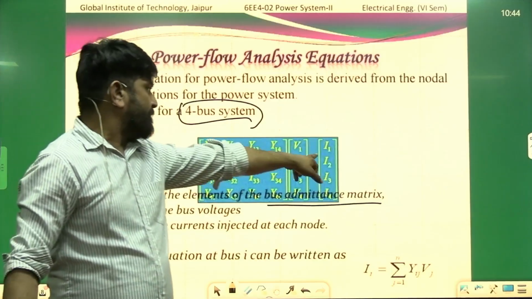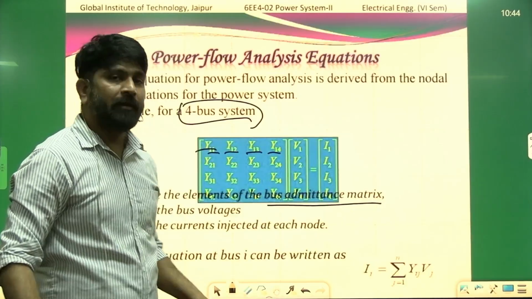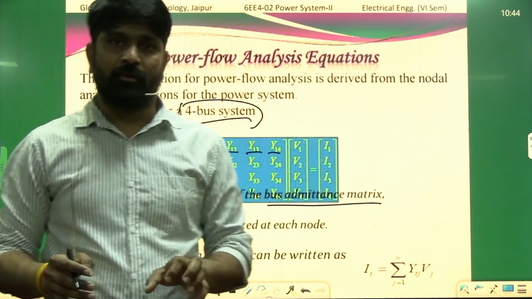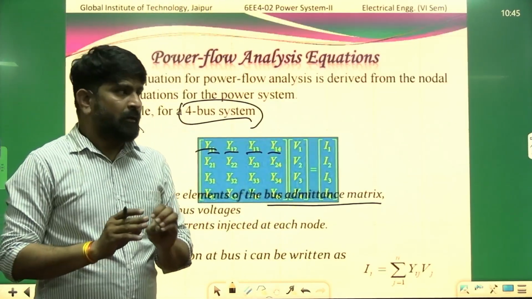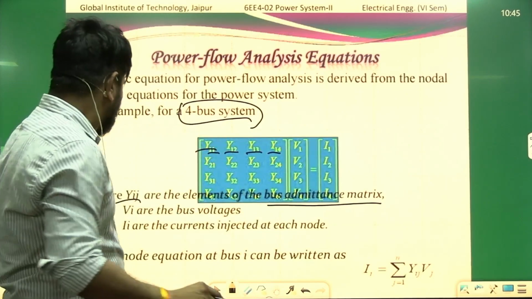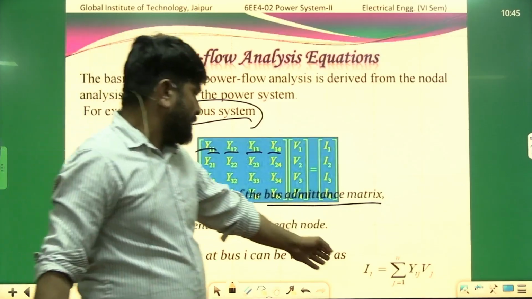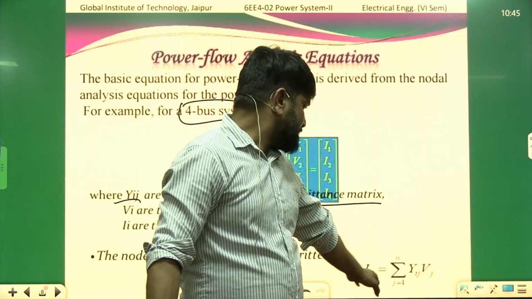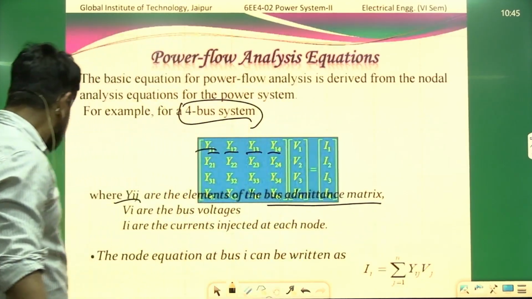Here I1, I2, I3, I4 are all currents injected at a node. I already told you before, bus is the output of the signals. Then the equation is written as Ii is equal to summation Yij Vj. Got it?